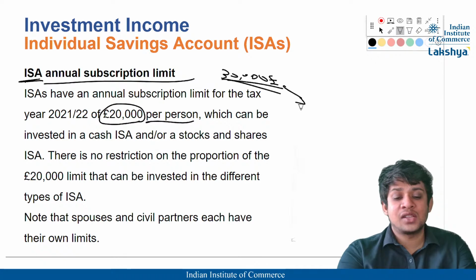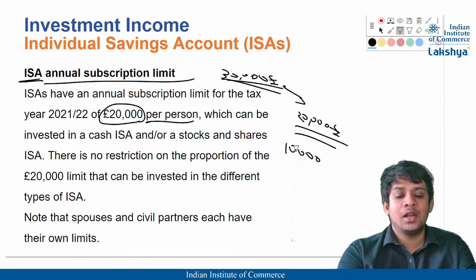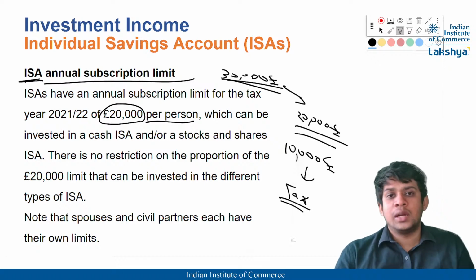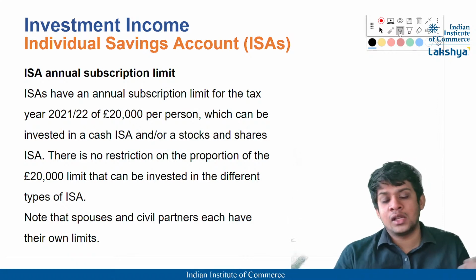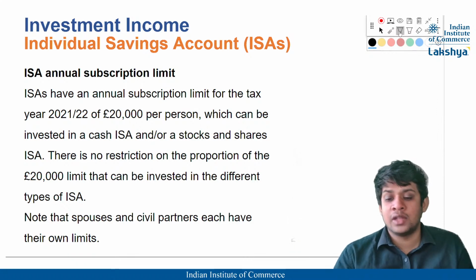So I will get a tax-free income of only £20,000, even though I invest £30,000 in total. On the remainder £10,000, even though I keep it in ISAs, I'll have to pay tax because the limit is £20,000 per person per year. So for married couples, there will be a 20,000 limit for each one of them.